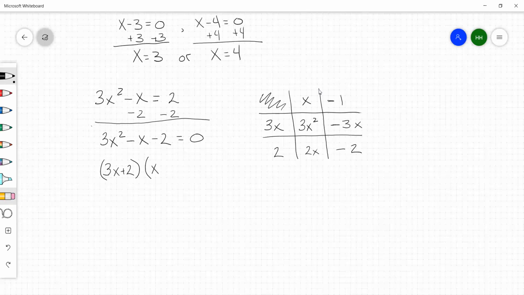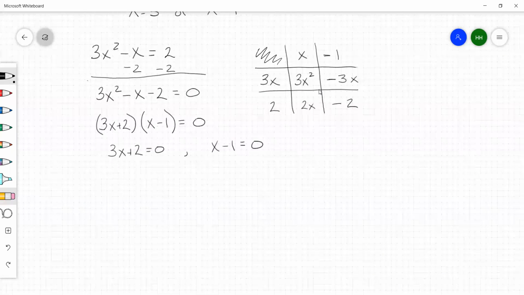All right, so our factors for this equation are 3x plus 2 times x minus 1 is equal to 0. So now you set each factor equal to 0. 3x plus 2 is equal to 0, and x minus 1 is also equal to 0.